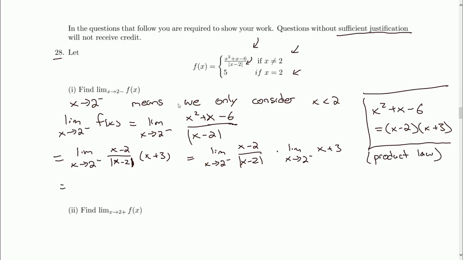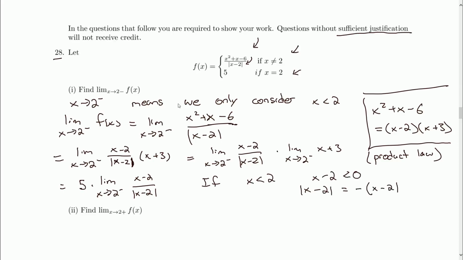Okay. Now, the one limit, x plus 3, as x goes to 2, this is going to go to 5. And then, well, the limit as x approaches 2 from below of x minus 2 over absolute value of x minus 2. Well, if x is always less than 2, x minus 2 is always less than 0. So absolute value of x minus 2, this is a negative number, so negative numbers get made positive. Okay?